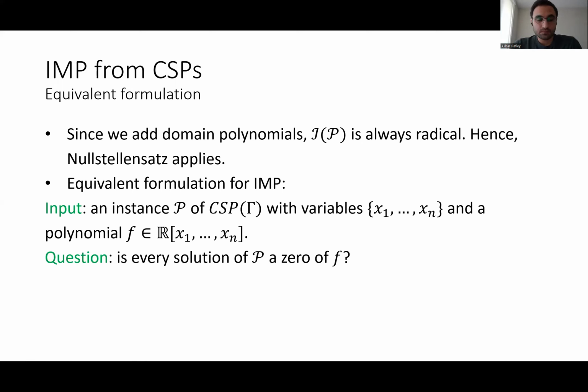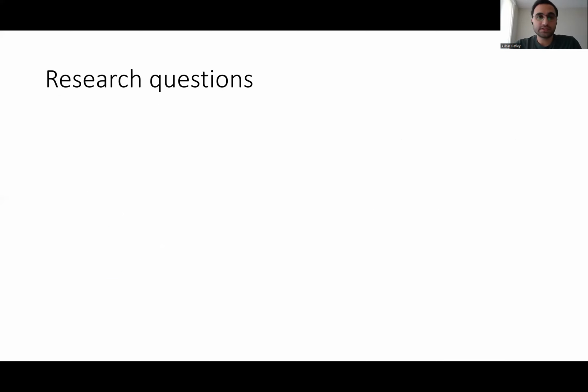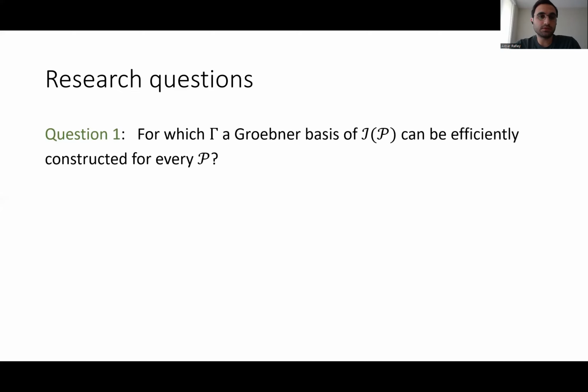Now we can rephrase the question and ask, is every solution of this instance of CSP a zero of the polynomial? And this immediately tells us that IMP of gamma belongs to the class co-NP. There are several research questions regarding IMP and combinatorial problems, specifically in the framework of CSP.